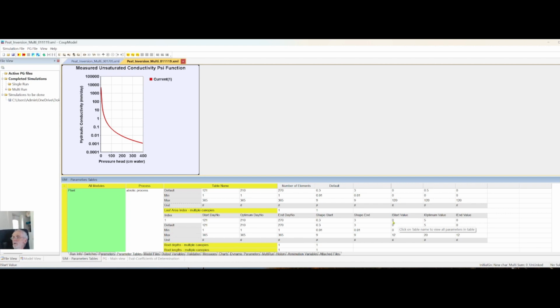Actually, it starts with 0, has an optimum of 5, and ends with 0 again. The optimum is at day 220.